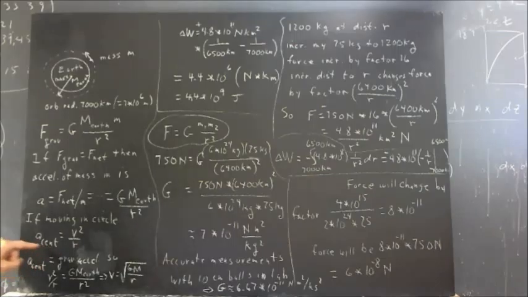So the centripetal acceleration is equal to the gravitational acceleration. We set v squared over r equal to big G, mass of the Earth, divided by r squared, and solve for v.